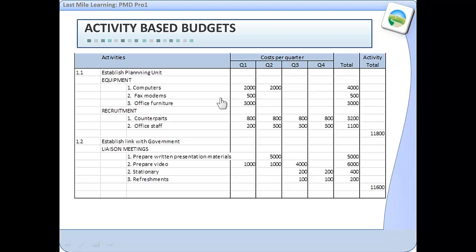The PMD Pro also talks about a certain type of budgeting that is extremely important, that builds upon the kind of detail that you find in the work breakdown structure and allows for a better analysis and monitoring of what's happening in project management, and that's called activity-based budgets.